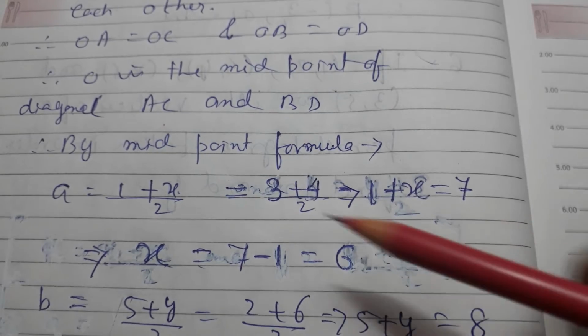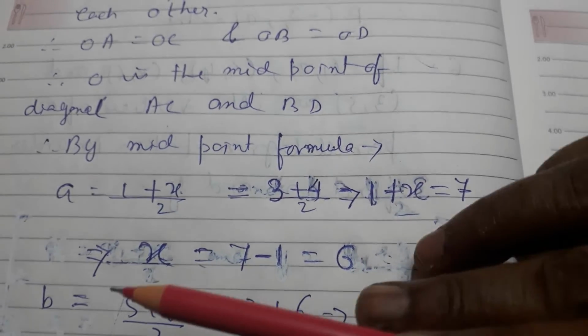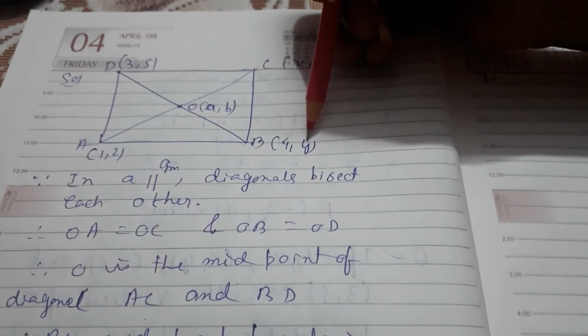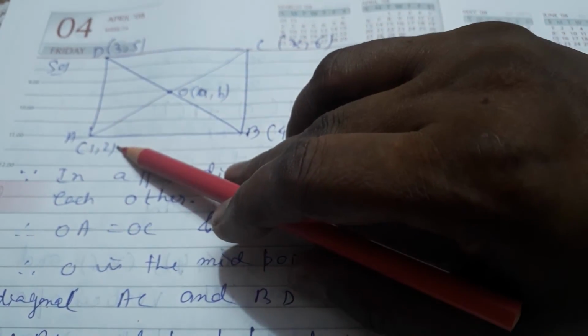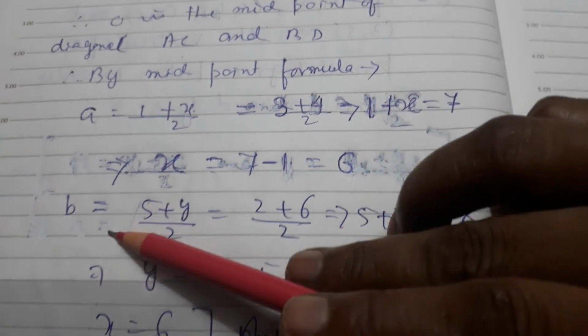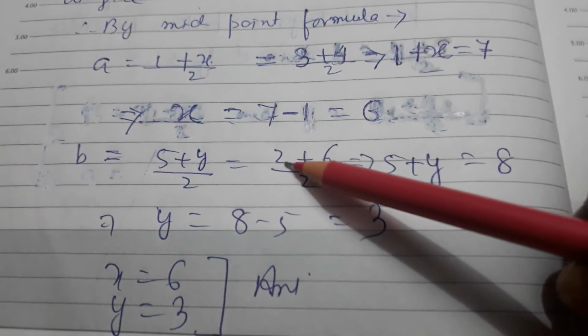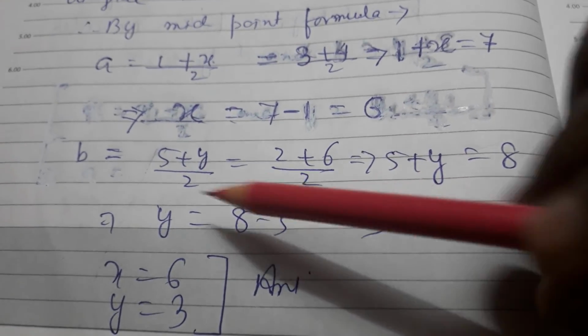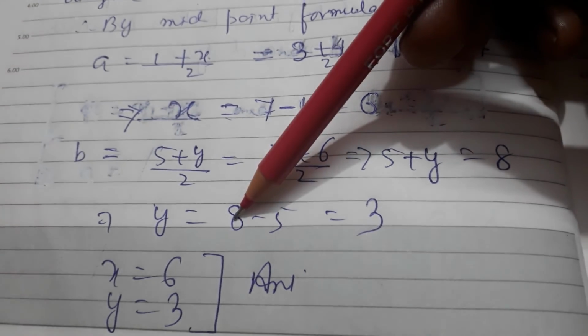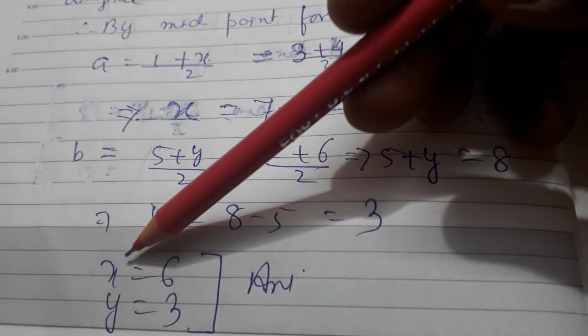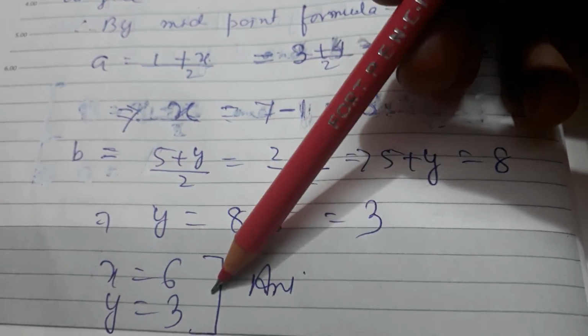So x equal to 7 minus 1, 6. And again B: (y plus 5) by 2 equal to (2 plus 6) by 2, means second coordinate. 2 cancel. So 5 plus y equal to 8 and y equal to 8 minus 5, 3. So x equal to 6 and y equal to 3. Okay.